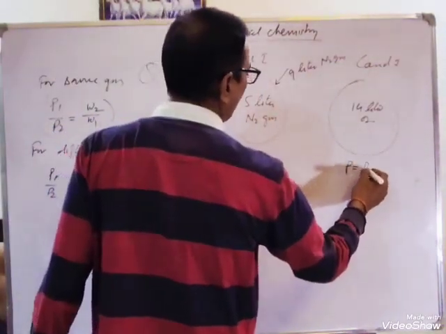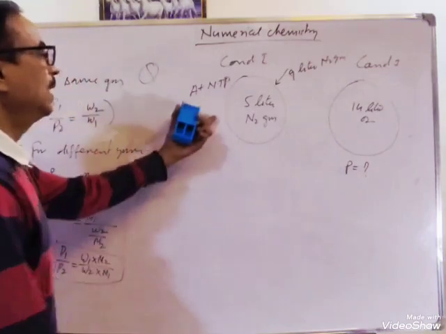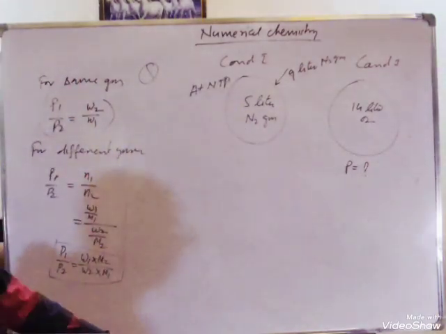What will be the new pressure if temperature and volume remain constant?